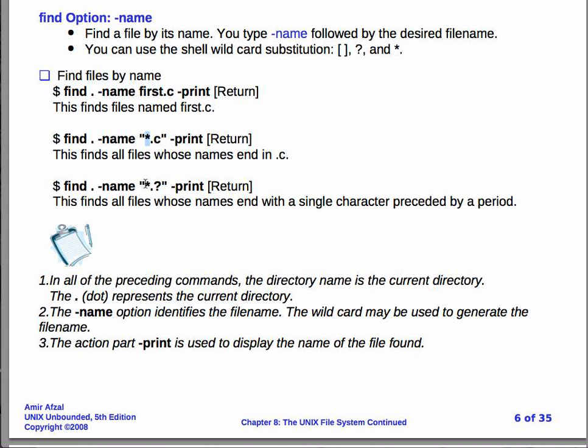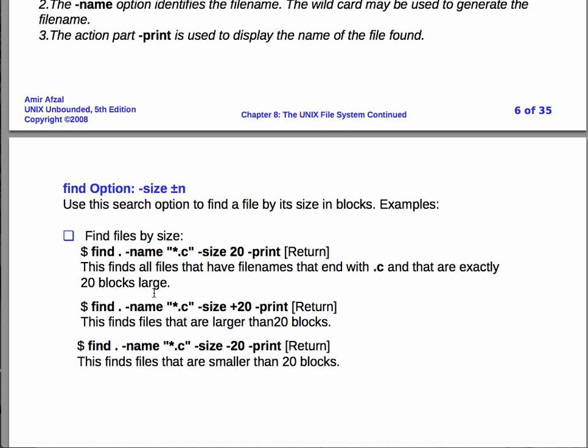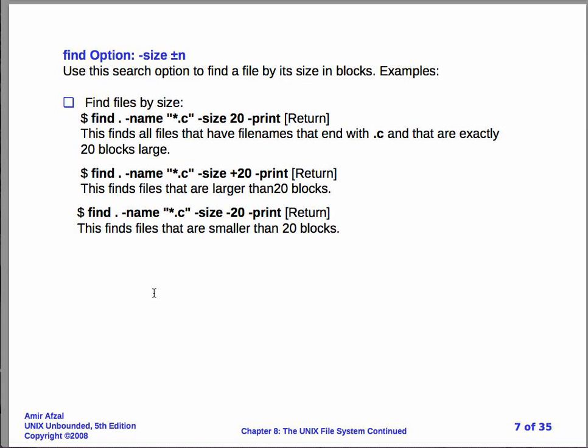You can look for all files that start with anything and then end with a period and a single character after the period. Okay, so try these things. I hope these things make sense. These are all things that are nice to try out. I'm not going to actually go through all of these different combinations.